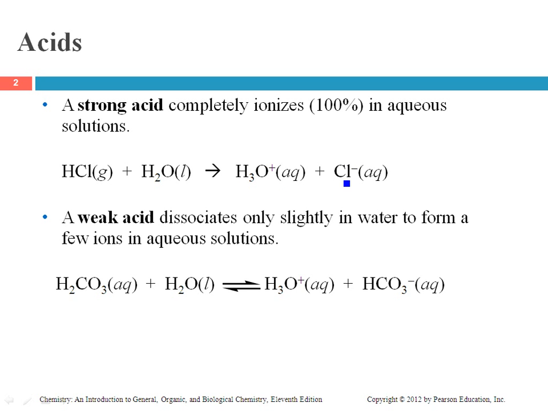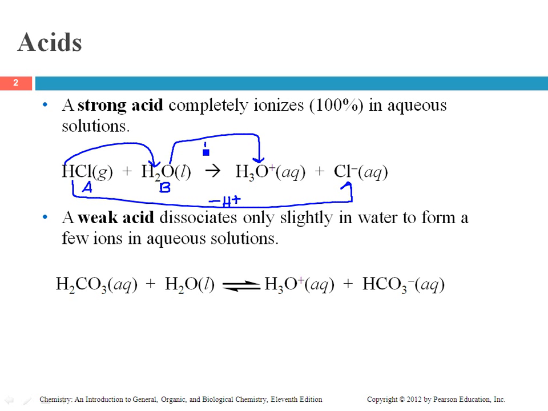Okay, and so we looked at earlier that an acid is a proton donor. So it loses a hydrogen ion. So here's our acid, here's our base, just a reminder. And our base accepts the proton, and so it is going to gain a hydrogen and become hydronium.